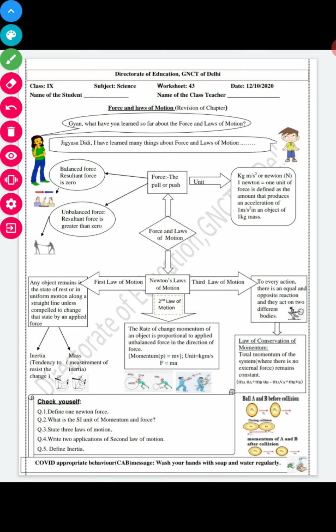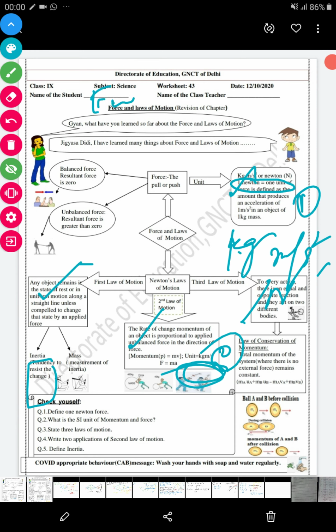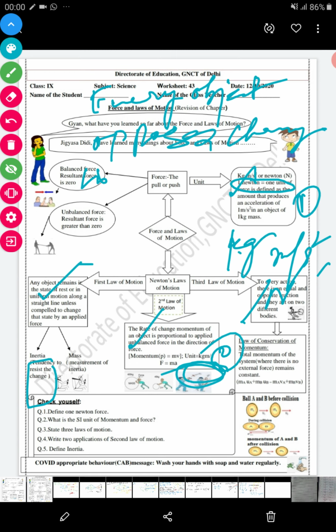Every object opposes the change in its state of motion. It tends to remain in the state of rest or in rectilinear motion.